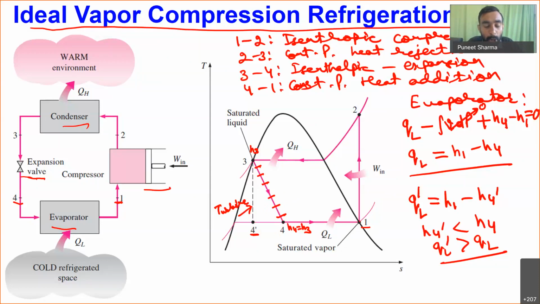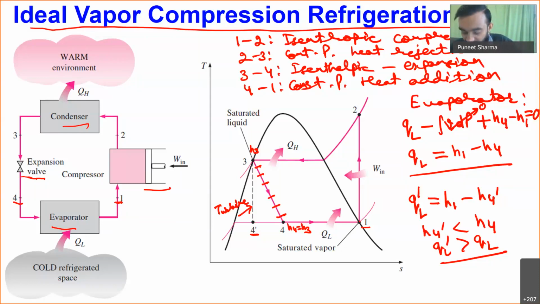Okay, but if you recall my earlier lecture, I told you that in case of a throttling device, temperature may increase, may decrease, or it may remain constant. Okay, so this particular behavior is explained by our Joule-Thomson effect. So in the later part of this lecture, we will talk about this also.